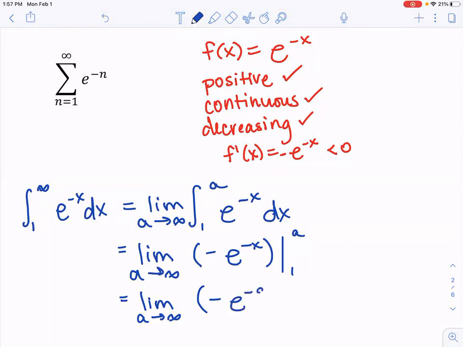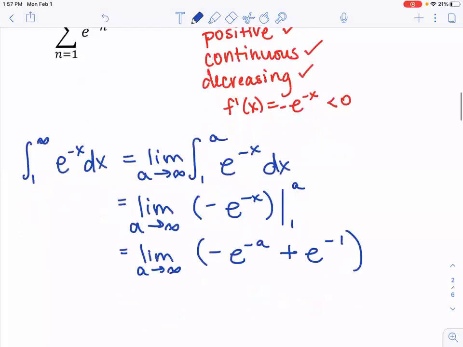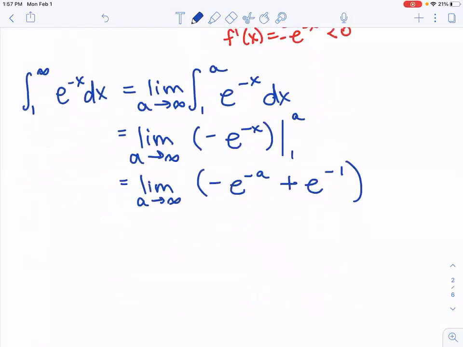Negative e to the negative a minus negative e to the negative 1. Towards infinity, what happens to this negative e to the negative a function?